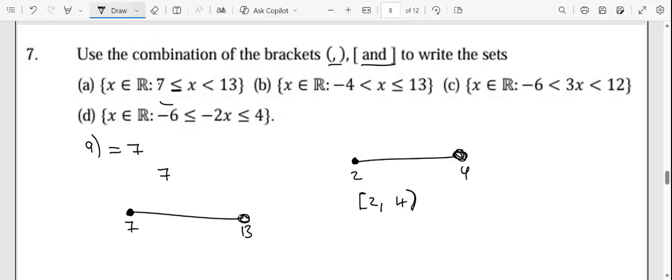Then this one is open because it's less than something like that. Is that okay? So what you do is write these brackets the way they have given us. The answer here is 7 closed, comma, then 13 open like that. So this is the answer.